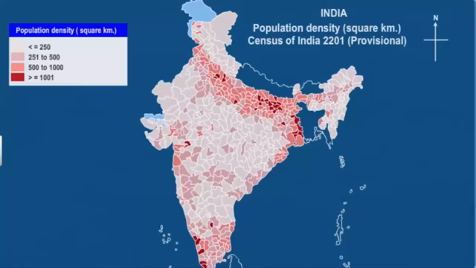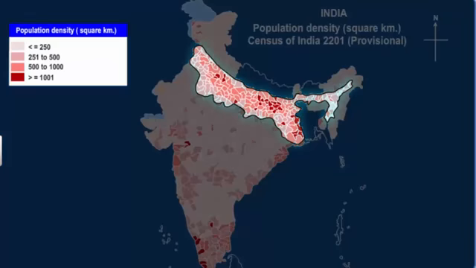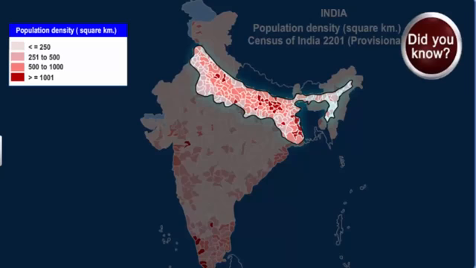Therefore, it is not surprising to note that the northern plain is a very densely populated physiographic division of India. Did you know, not just in India, the northern plain is one of the most populated areas on Earth.